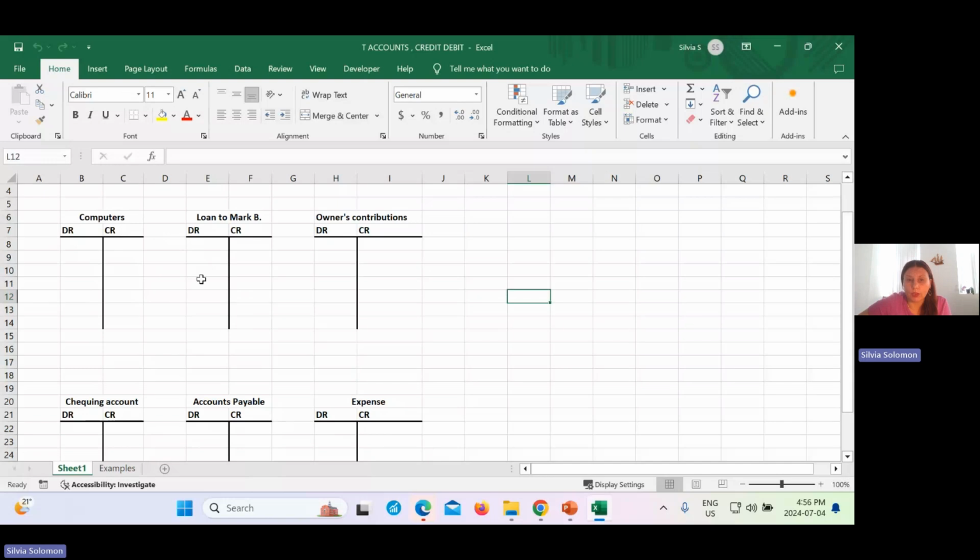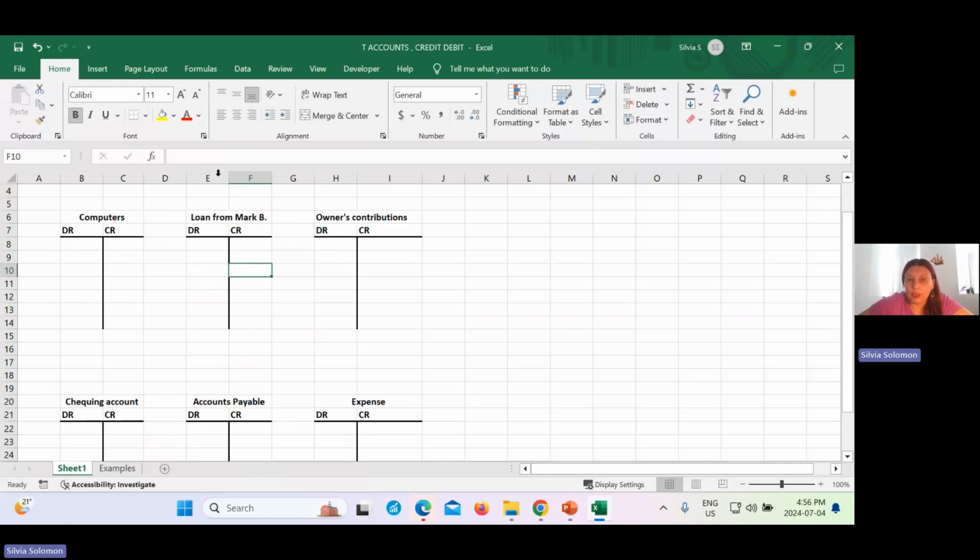Take any other account, for example in the liabilities section, a loan from Mark B. Let's say there is a person who, in my example, is one of the owners of the company. In this case, Mark lends money to his own company.